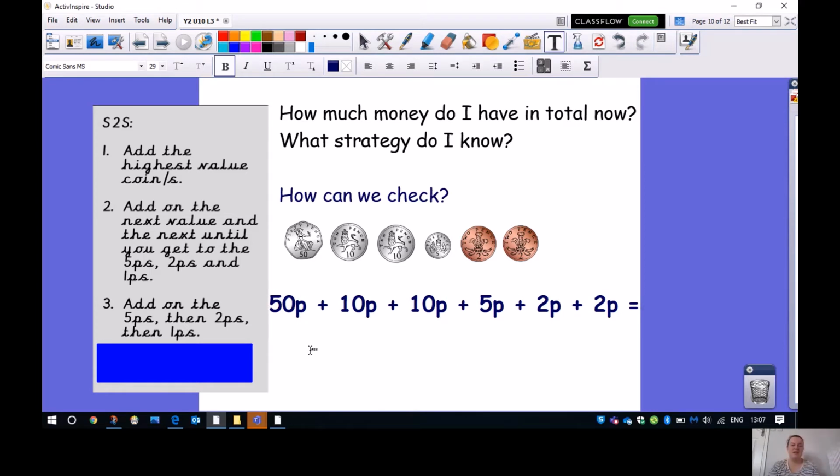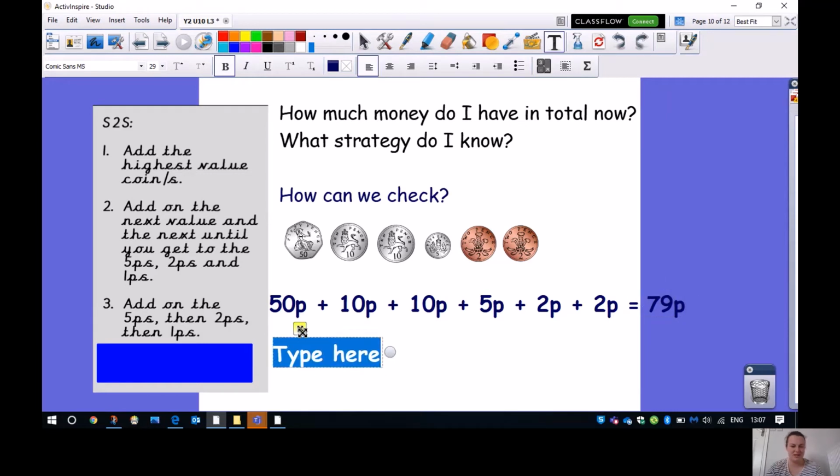If I know that 50p add 10p is 60p, then I can move on and add the next 10p. 60 add 10 is 70. 70 add 5 is 75. 75 add 2 is 77. 77 add 2 is 79. So the answer here is 79 pence. I was able to add that in my head as I went along.